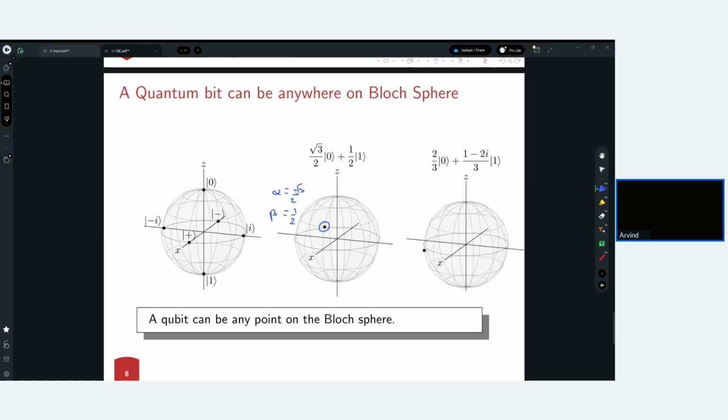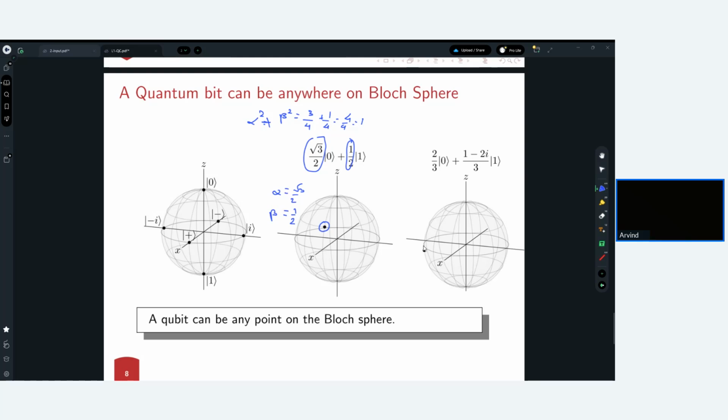If you take alpha square plus beta square, it comes to 3 by 4 plus 1 by 4, which is 4 by 4, nothing but 1. So this is a valid qubit state, lying somewhere else on the Bloch sphere.